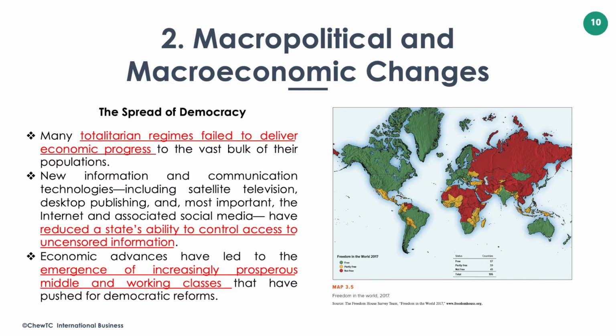Second, new information and communication technologies, including satellite television, desktop publishing, and most important, the internet and associated social media, have reduced a state's ability to control access to uncensored information. These technologies have created new conduits for the spread of democratic ideals and information from free societies.